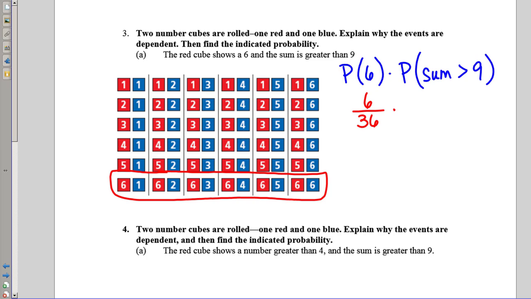Now, given this section that's highlighted, okay, given that, what's the probability that the sum is greater than 9? So we're kind of looking for only in this section of 6, which reduces our probability for the second piece, right? Given that we only have 6 places to choose from, what's the probability of a sum greater than 9?